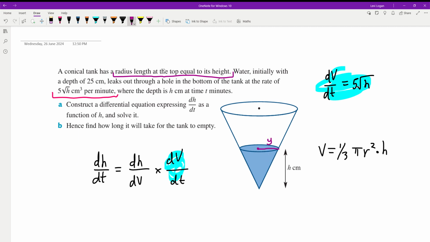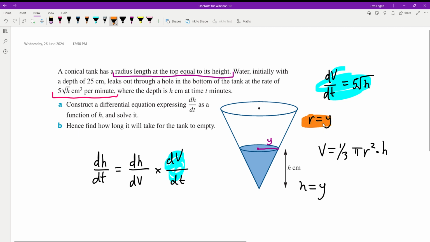Because your radius is equal to your height the entire time, no matter where you're at, if you're here, this would also be y, and that would also be h. They would still be equal to one another. So we can substitute r for y, and because they're equal, h is equal to y. We can substitute that in there as well.